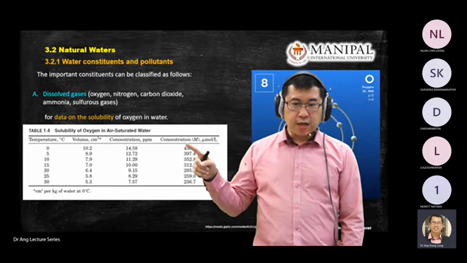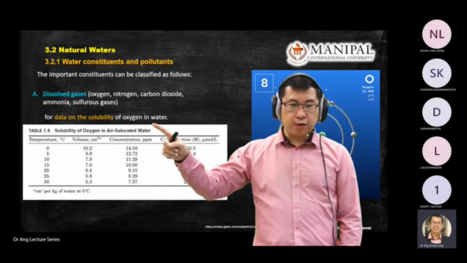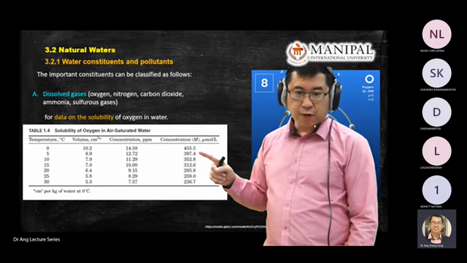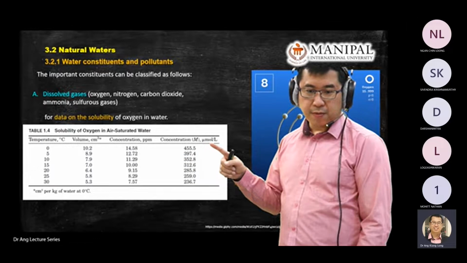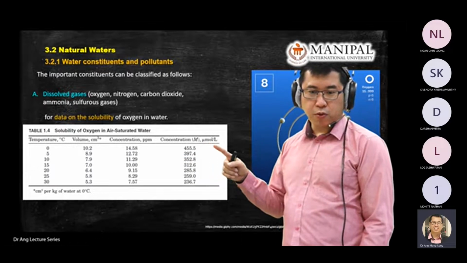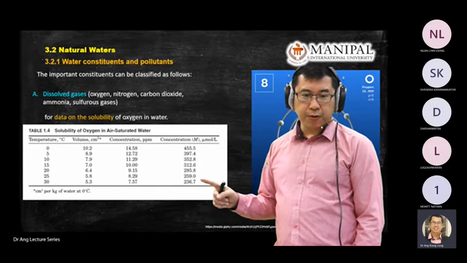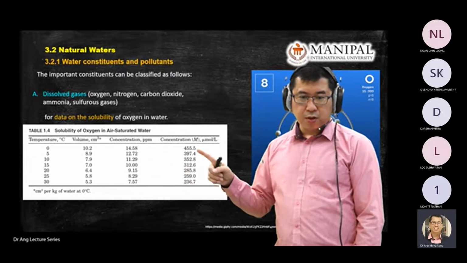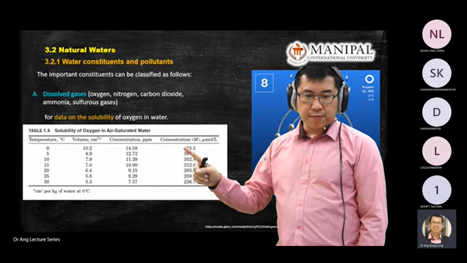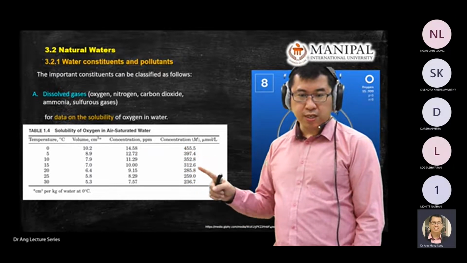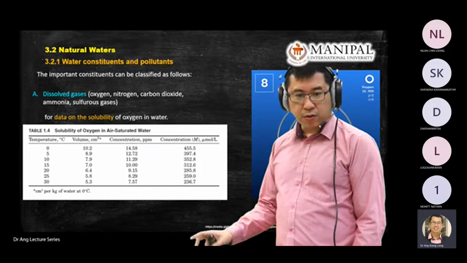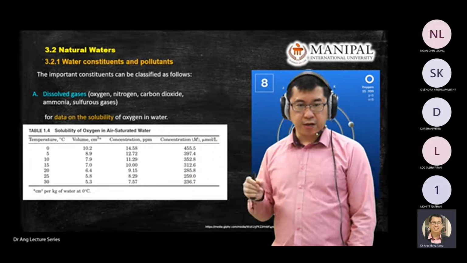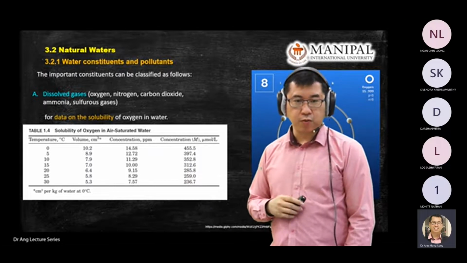So if you do the test of oxygen in the water at 0 degrees C, you get 400-something micromole per liter, and you increase the temperature to 30 degrees C, you see it agrees with the ppm value, where it dropped 50%, right? 455 to 236, almost half of this one. So this table explains that temperature can affect the solubility of oxygen in water.